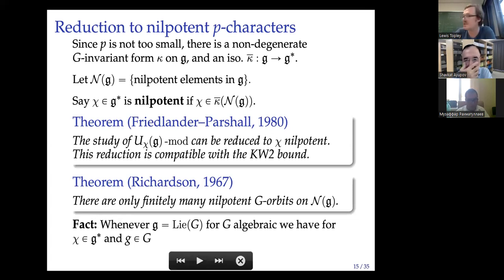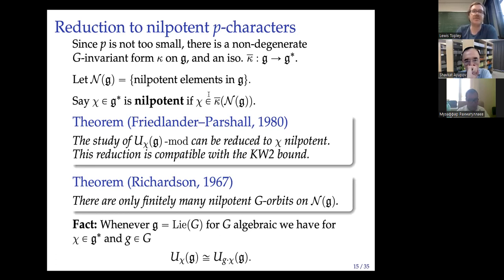The Killing form is not always non-degenerate on reductive Lie algebras, because you can have the center, but nonetheless, you can construct one of these G-invariant forms. Such a form gives rise to a G-invariant isomorphism between the adjoint and coadjoint representations of the group G, or the Lie algebra g.